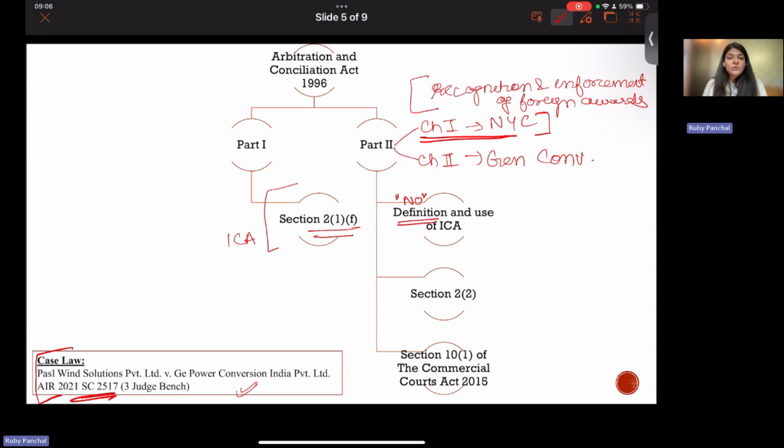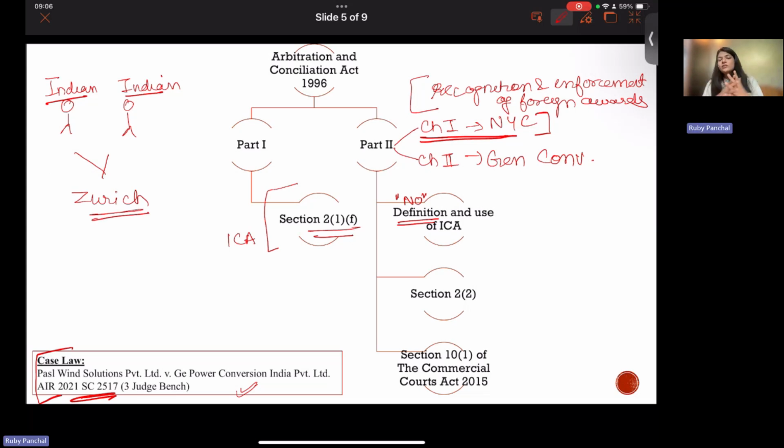It's a three-judge Supreme Court bench case, and essentially the facts of this case are there were two parties, both Indian, essentially arbitrating abroad in Zurich.